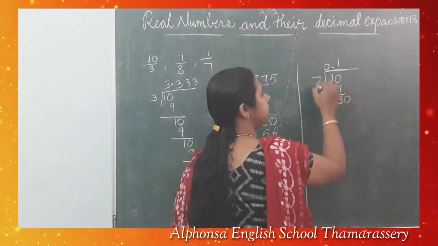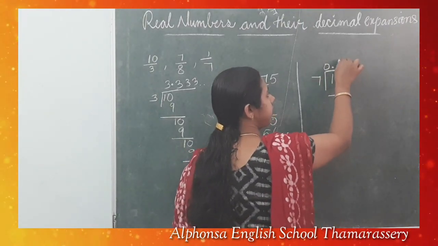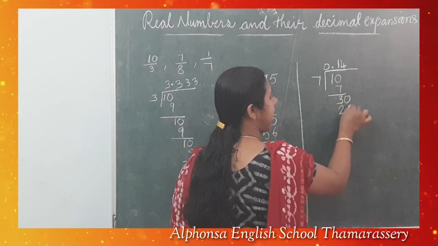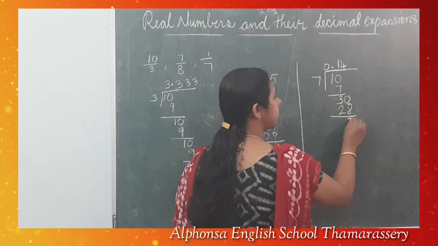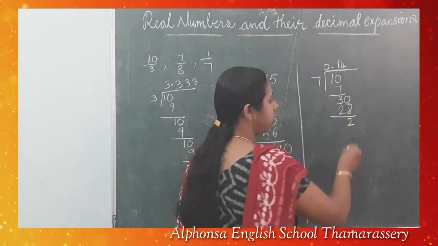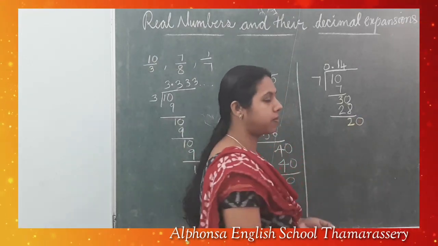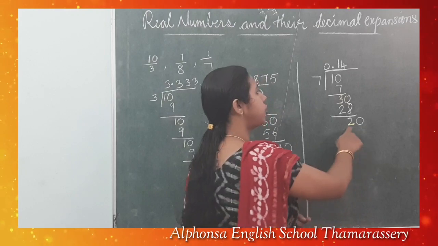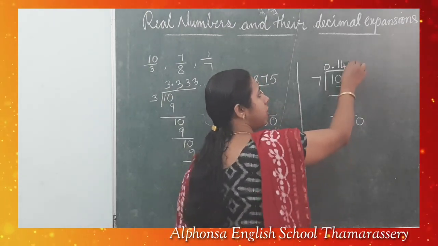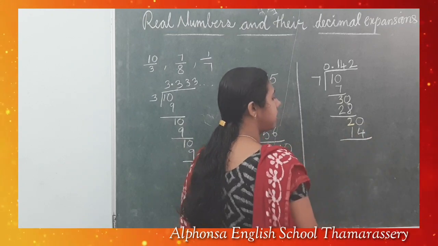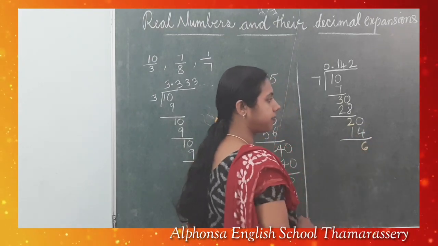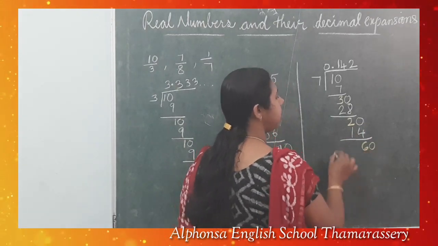In 30, how many sevens are there? 4 sevens are 28. Remainder 10 minus 8, 2. Again, put 0, 20. 20 divided by 7. 2 sevens are 14. Remainder 6. Now 60.